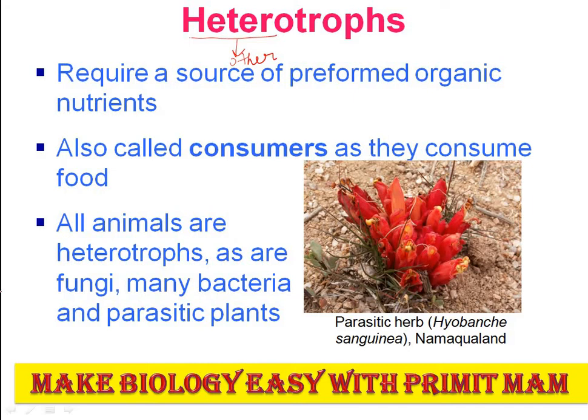Say for example, cow. Cow feeds on plants. So cows are directly dependent on producers. Another example, lion feeds on cow. So lion is indirectly dependent on plants. Why? Because lion eats the cow, which in turn eats the plant.